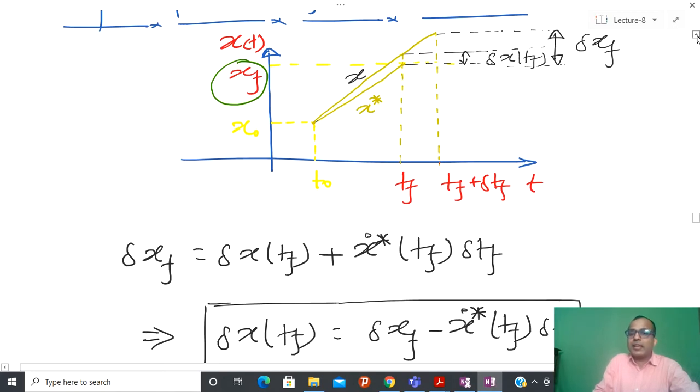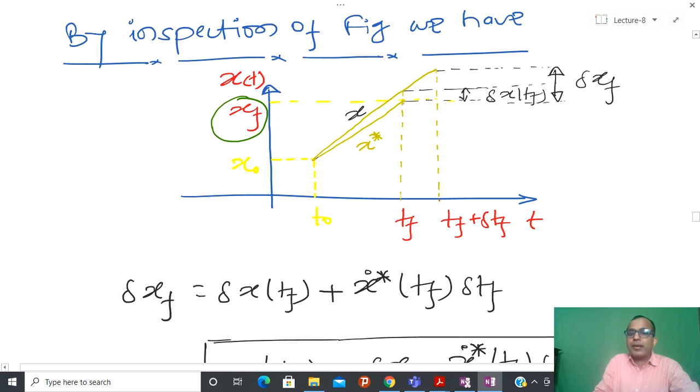Try to see what delta xf is. Here you can see the end point of the extremal trajectory, and this is the end point of the final trajectory, that I have defined as delta xf, and that is nothing but delta xtf, this variation, and after that I have the slope at this particular point. So I have to calculate the derivative at tf, and multiply it with this kind of increment, and then we are able to get this whole thing.